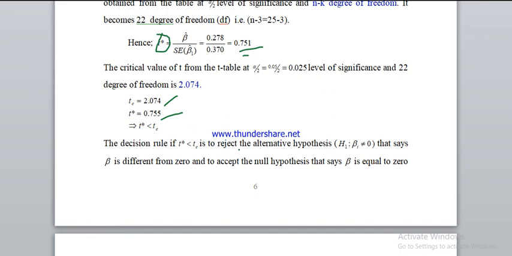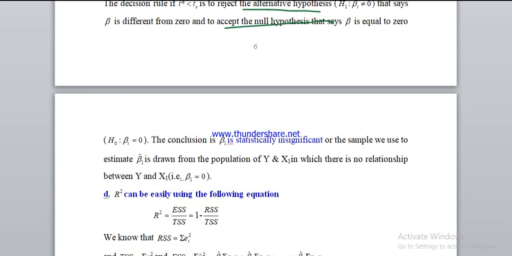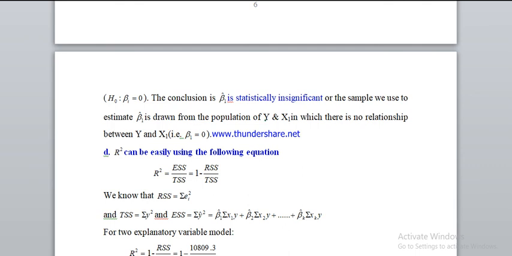So reject the alternative hypothesis that says beta is different from 0, and accept the null. That means the coefficient is not significant. It is not different from 0. The conclusion is beta 1 is statistically insignificant. It does not affect our dependent variable.